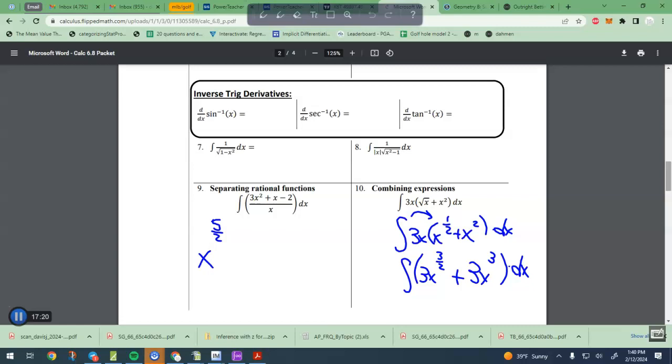Multiply by the reciprocal, so 2/5, but there's already a 3 there. So it's 6/5. That came from 2/5 times the 3 that was already there. Plus, add 1 to the power, so x to the 4th. Either divide by the new power or multiply by the reciprocal. This will be 3/4 now. And then plus c.